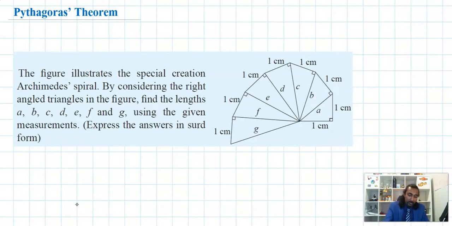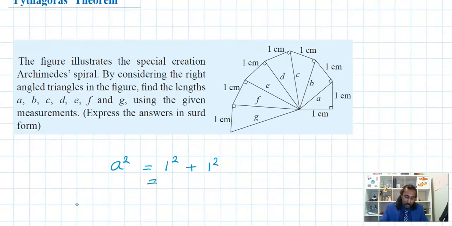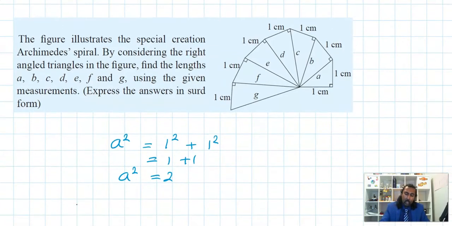What is the theorem? We know the square length of the diagonal, which is the a in this case. a squared is equal to the sum of the squares of the other two sides. Well, one square is 1 each. Therefore, a squared is 2. I know a is a length, therefore it's positive.